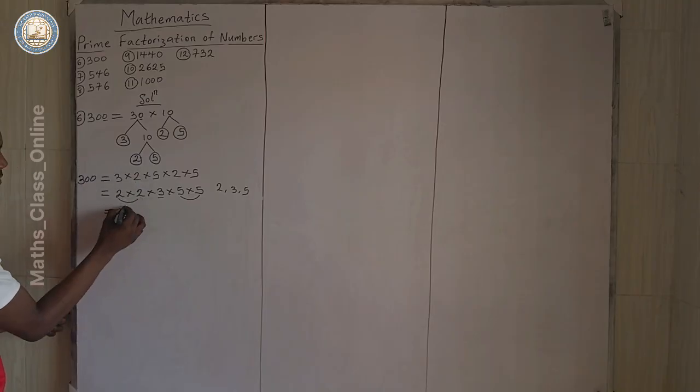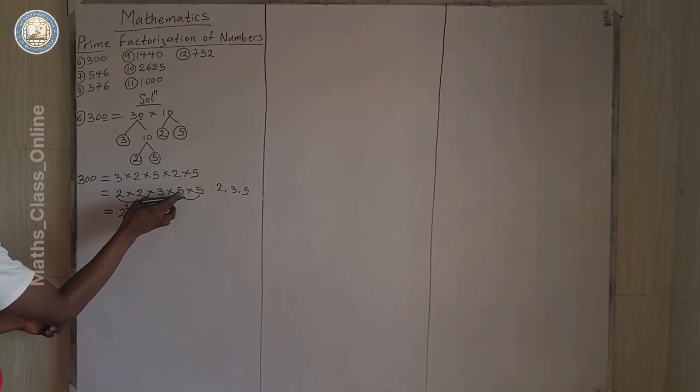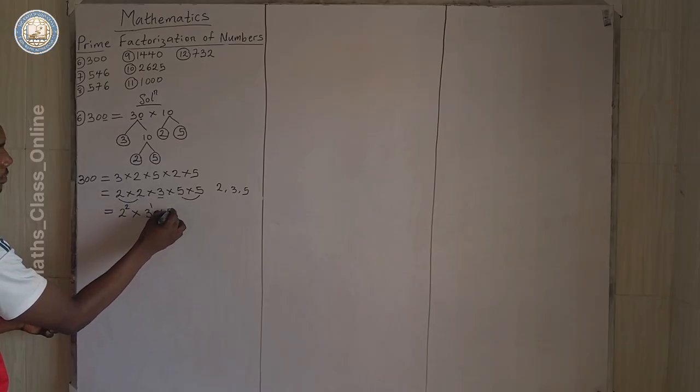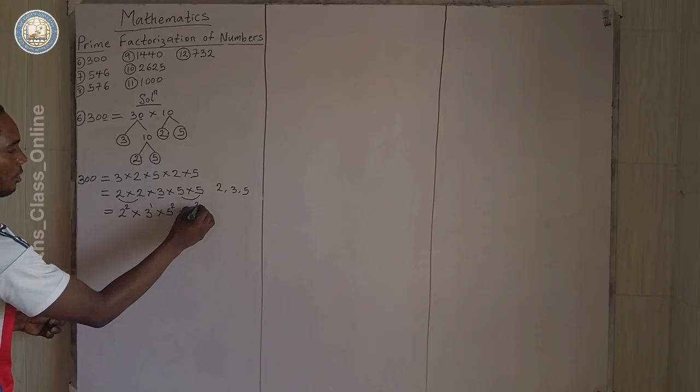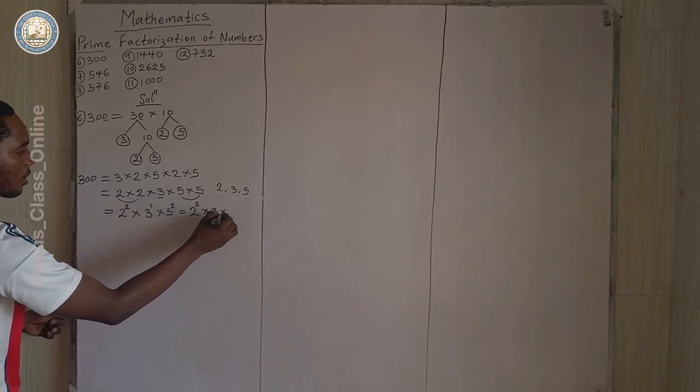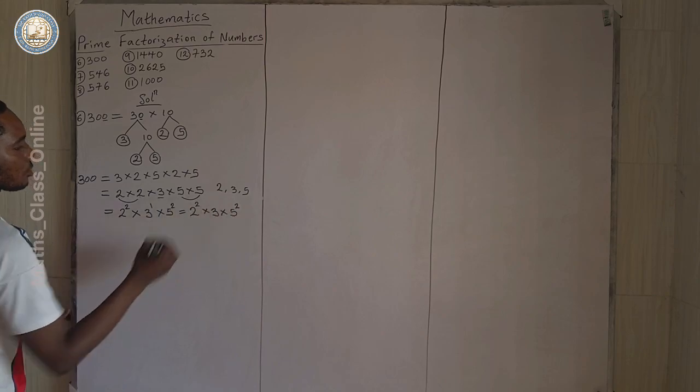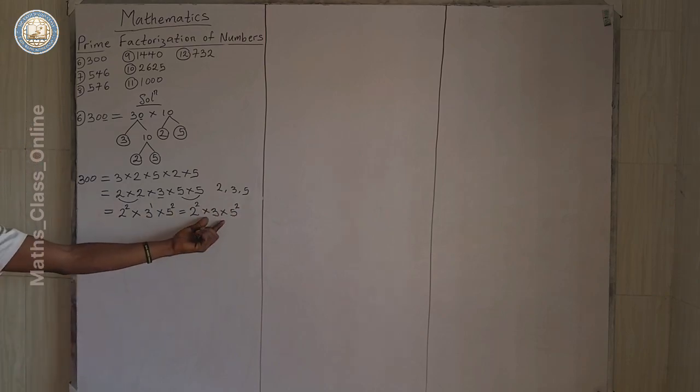How many 2? That is 2. Times 3. How many 3? 1. Times 5. How many 5? 2. 2 raised to the power of 2 times 3 times 5 raised to the power of 2. This is the index form.